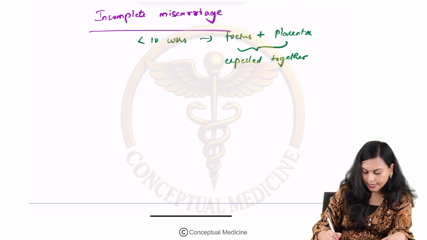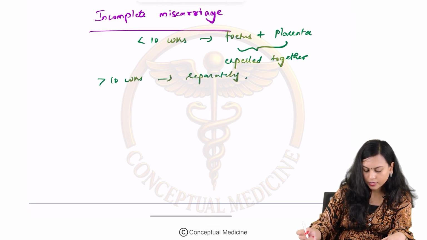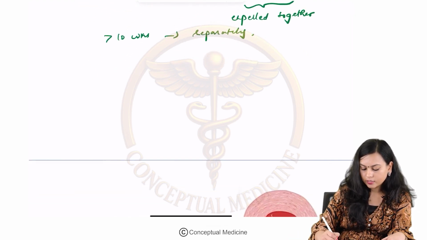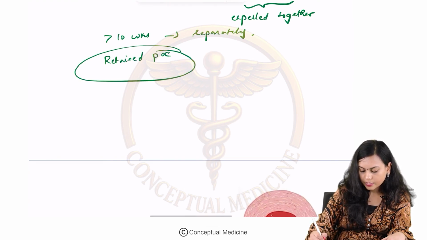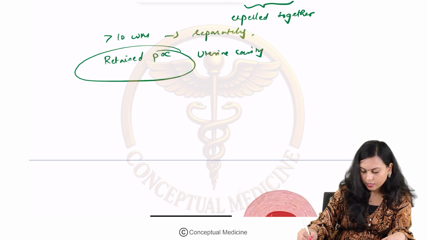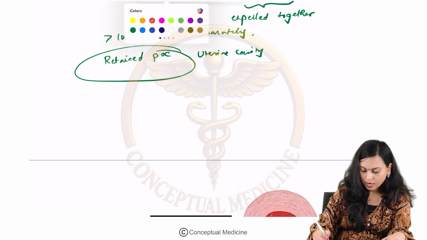But later than this, they can be delivered separately. So, some products of conception can be retained inside the uterus. That is, retained products of conception can be seen in the uterine cavity, and it will be called incomplete abortion. Clear?